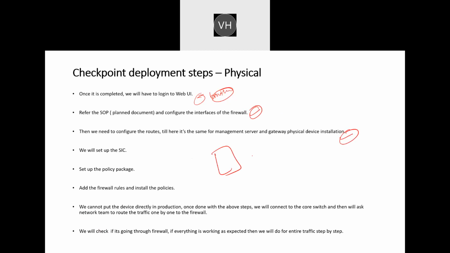Then we'll log into the management server and establish connectivity between the management server and the gateway. Once SIC is done, we create the policies in the management server and install them to the firewall gateway. Then, step by step, we'll forward the traffic to the firewall. This is the process. Is it clear?